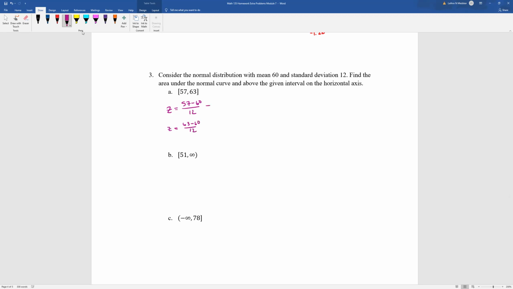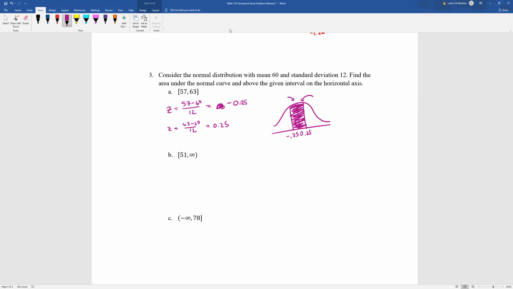This one is negative 0.25, and this one is 0.25. So what we're trying to find, here's the mean of 0, is negative 0.25 to 0.25, just barely on either side. And we want to know the area between both of those. If we look it up in the table, we're just going to get one of those, but they're going to match. They're symmetric. So we just add it twice.